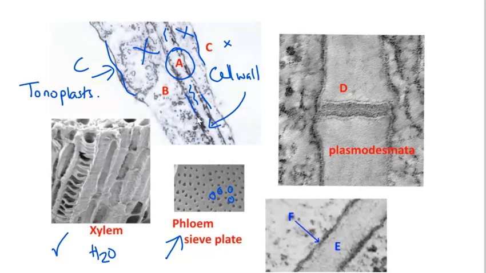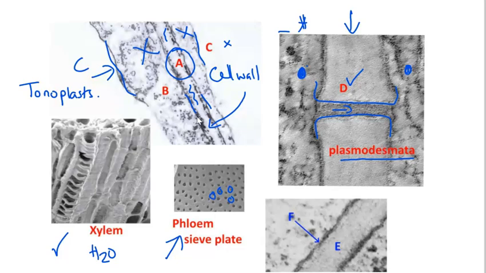And then this very interesting structure, which is that in this image here, we have the cell wall here, which is structure D. But if we look carefully, with the cytoplasm here and here, there is a cytoplasmic connection between the two cells through a structure which is called a plasmodesmata.